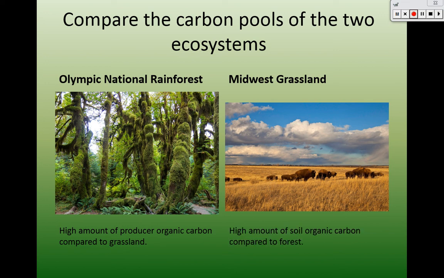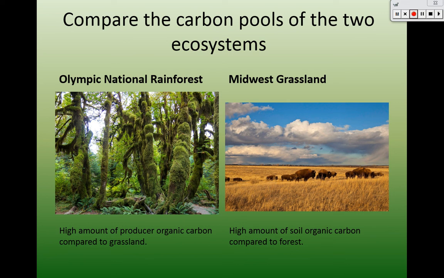But then if you look at the grassland, and this is something many of you may not be aware of, there's actually probably going to be a higher amount of soil organic carbon compared to the forest. And that's because grass goes through such a seasonal shift that it's constantly being decomposed back into the soil, which is why the Midwest is such great fertile land for growing crops, right?